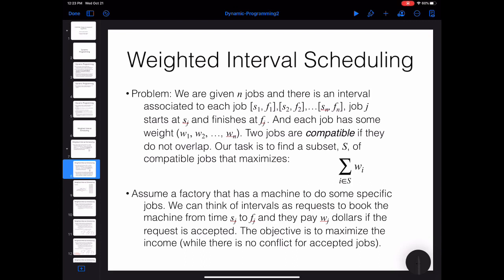I wanted to maximize the income, so I wanted to find the set of jobs with no conflict, so I can run all of them on my machine and maximize the income.